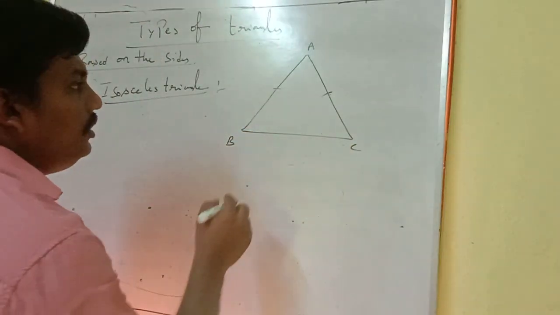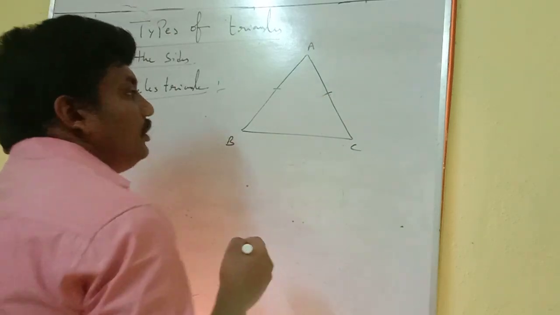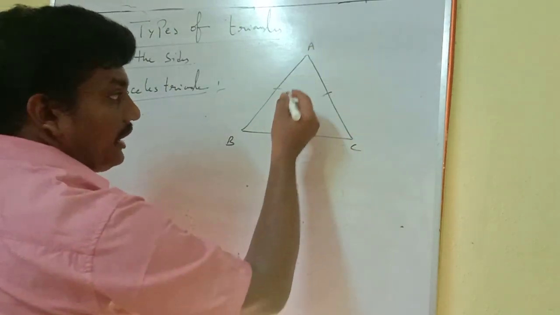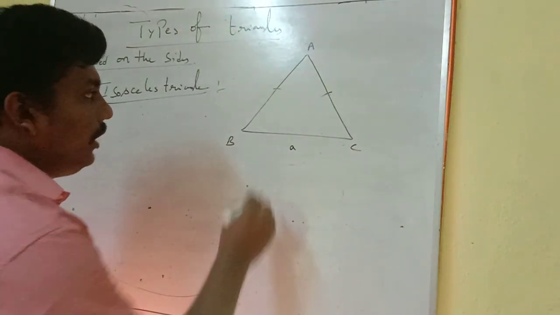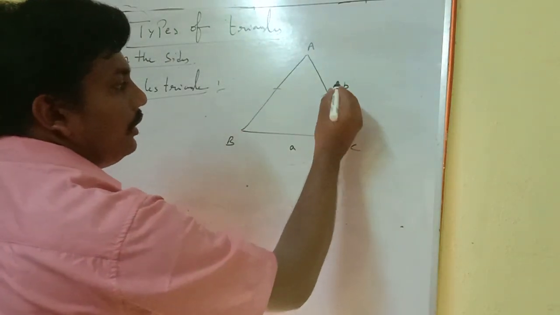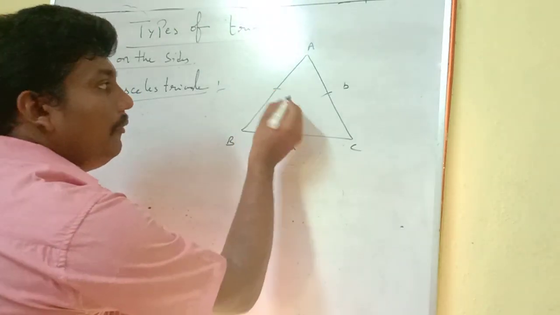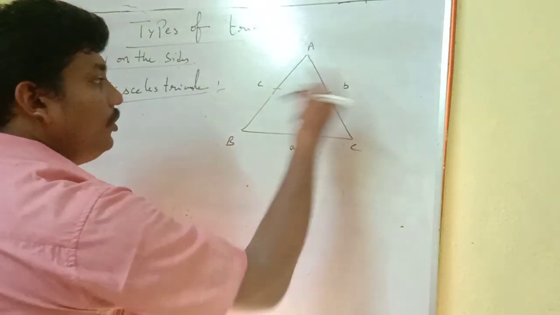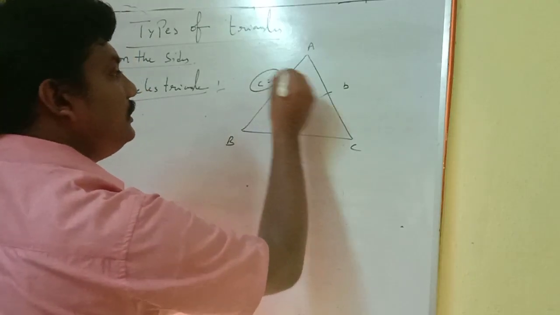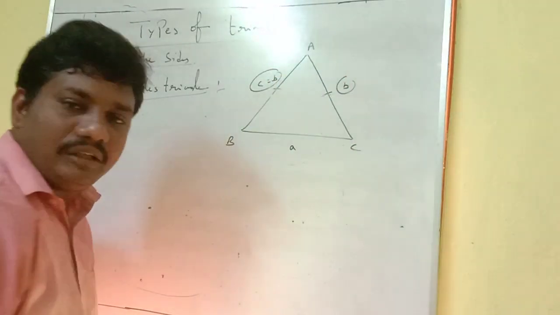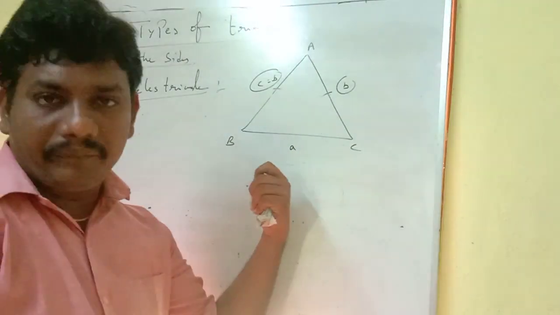We know that capital A's opposite side is small a. Let me consider this as small a. Actually this is C, but we know that these two sides are equal, so we can consider C equals B. That means these two sides are b and this is only a.